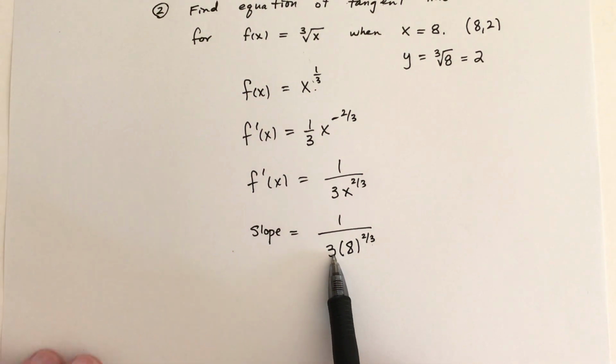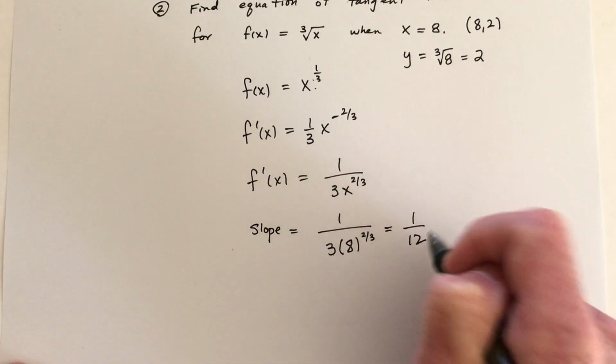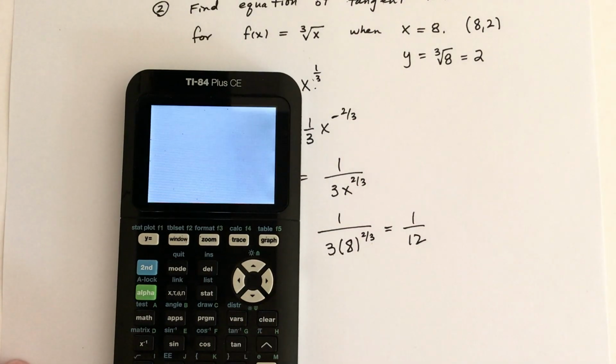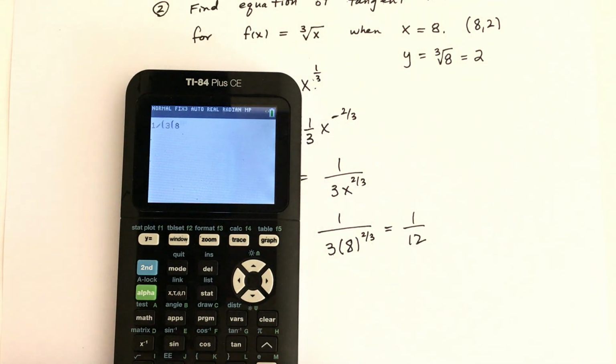And I can't do that with my left hand. So that means it's going to be 1 over 12. And then if I want to check and see if I did that right, then I could say, what is 1 divided by a 3, and also an 8 is raised to the 2/3.